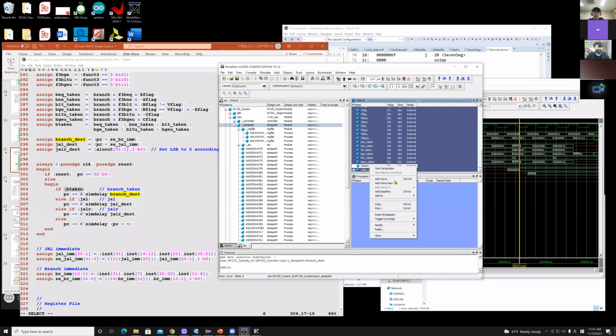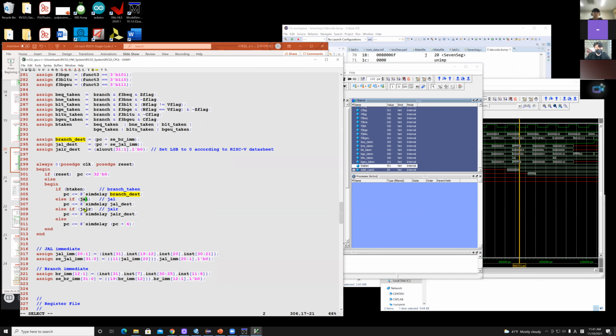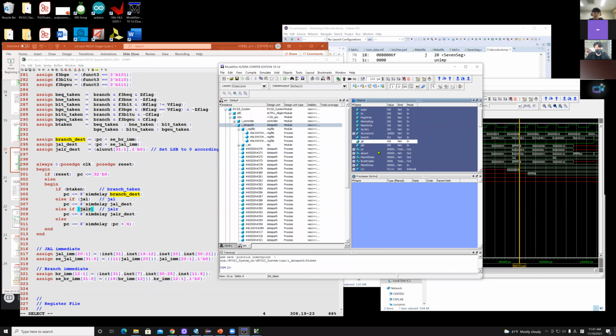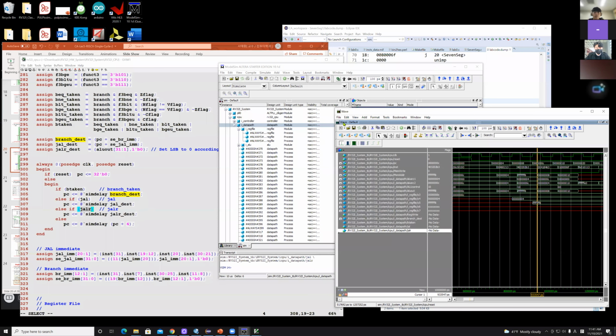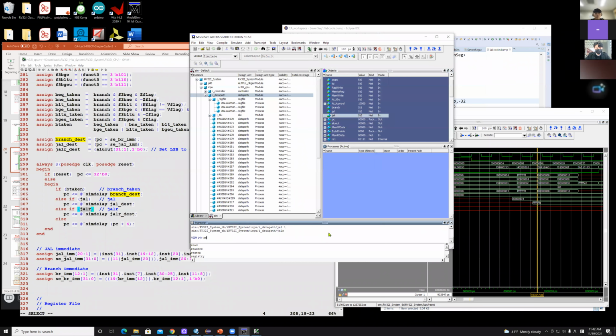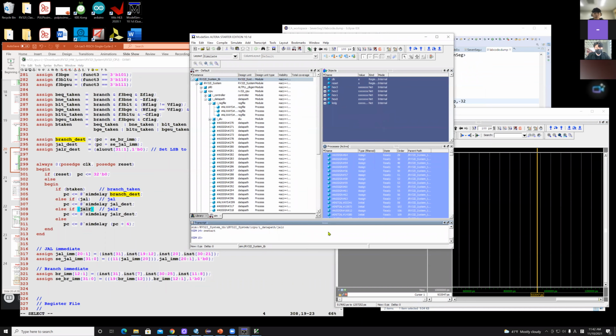Okay, here, branch taken. And you want to check out this JAL also. Okay, here, these two. Add wave. So now we have added some control signals, and you have to restart the simulation. How to restart? Simple, restart.